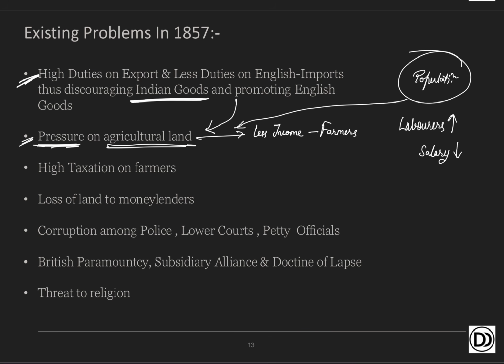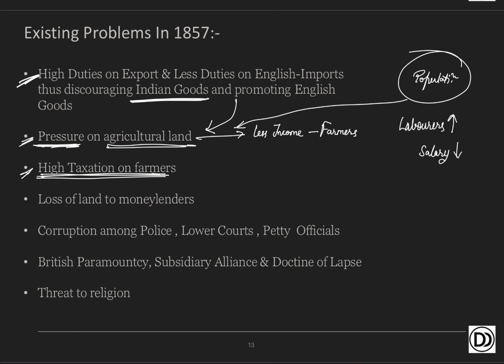Apart from that, the English used to impose high taxes on farmers. Because of these high taxes, there used to be an additional burden on the farmers who were already suffering from tyrannical and cruel policies of English, like dual system of government.